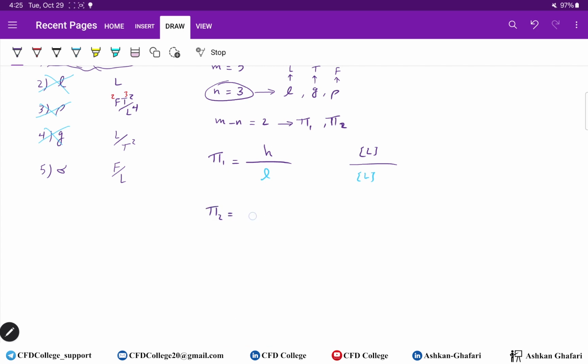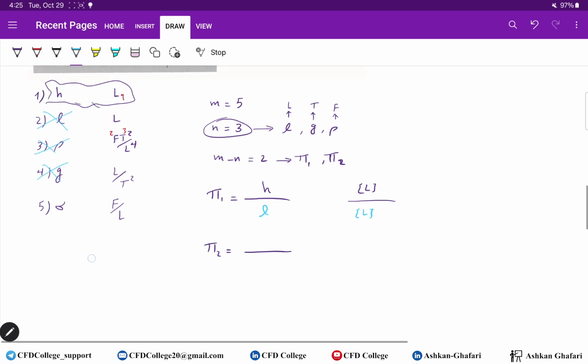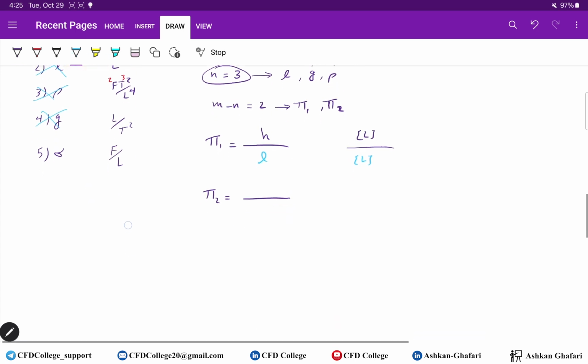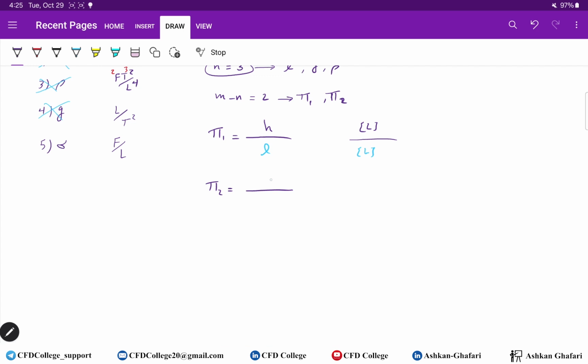Pi 2 equals, so H is gone, and we have sigma. The unit for sigma is F over L. So first we should cancel F, F T square over L to the power 4.